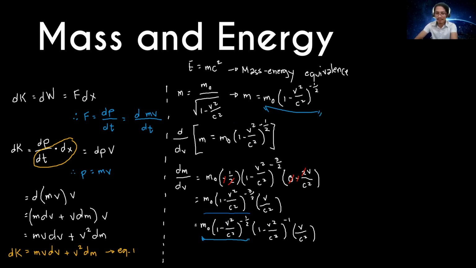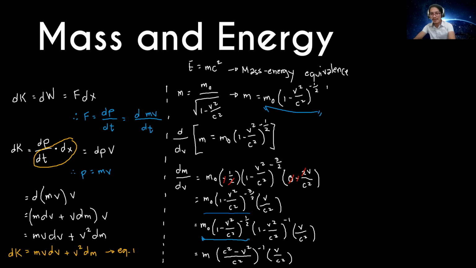So we can just substitute m into this equation. This will become m. So this is just m. Now ito, you just simplify. So c squared minus v squared all over c squared to the power of negative 1, multiplied by v over c squared.